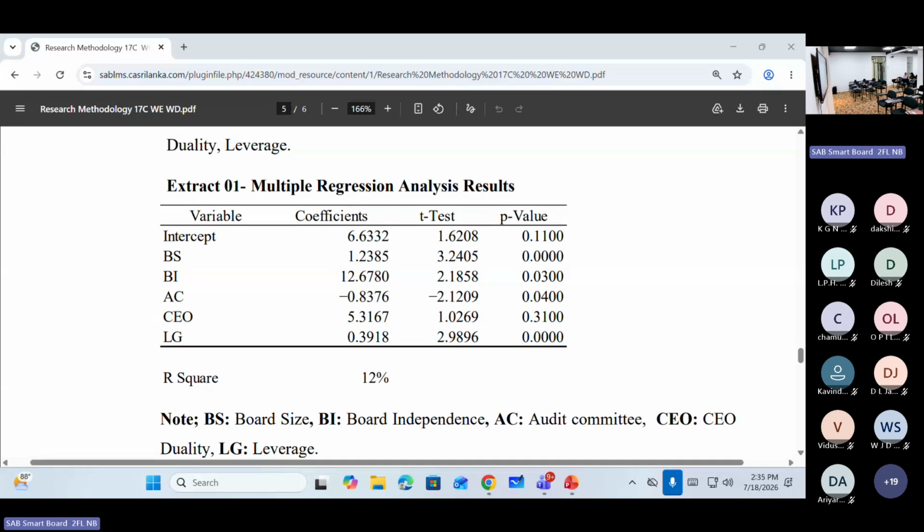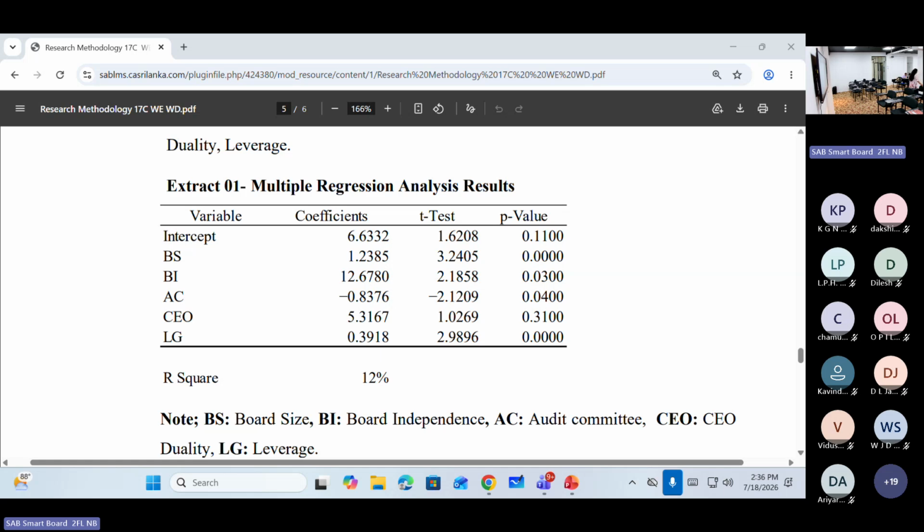Is that significant or not? How to test? Look at here, less than 5. Write it down. This relationship is positive or negative? That is negative, right?